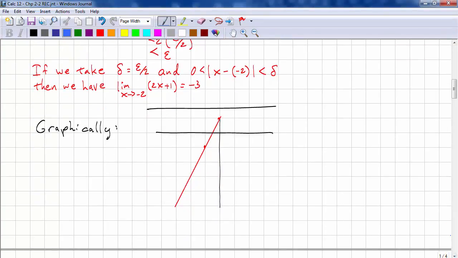So what does this look like graphically? Here we have our origin. Here we have our point.